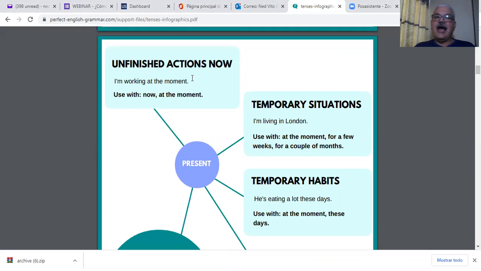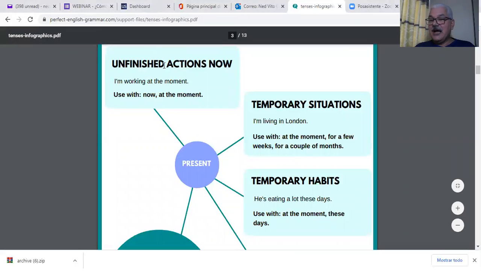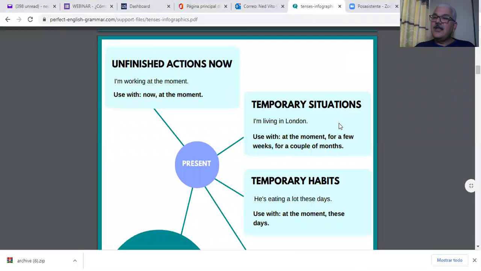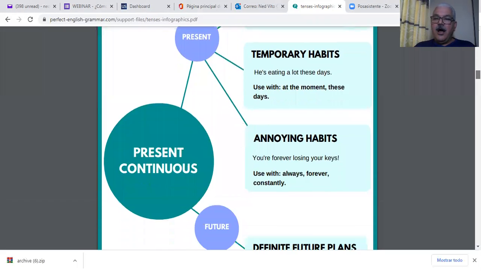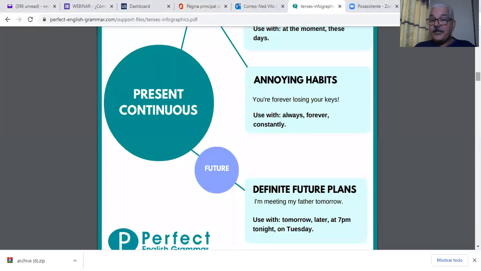So we have an action or some actions that are unfinished right now. We also use it when we refer to situations that are temporary, when we have habits which are also temporary, for habits which are annoying, and for referring to plans in the future which are set, which are definite.